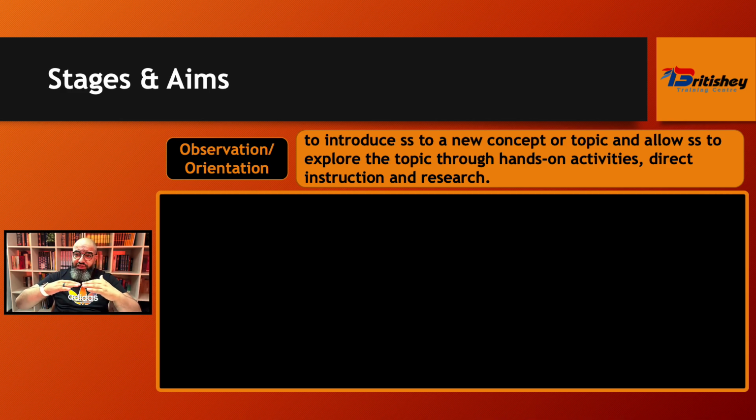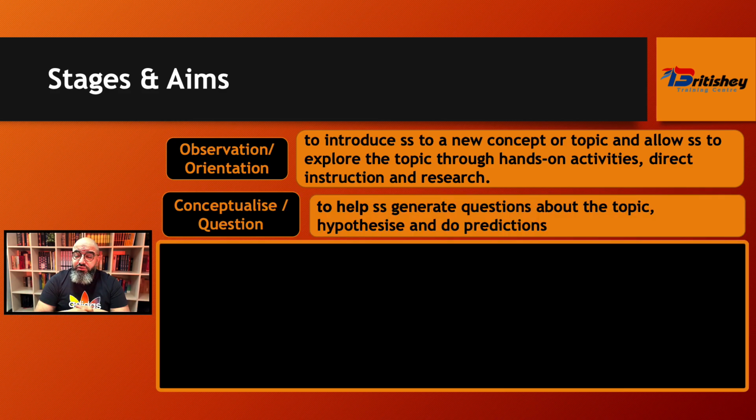Then we come to the second stage, and the second stage is called conceptualize or question. In this stage, you want your students to come up with the questions that they would search for later. So it's amazing. So you help your students come up with the questions that they would search for.